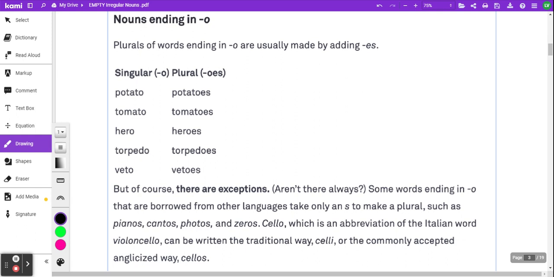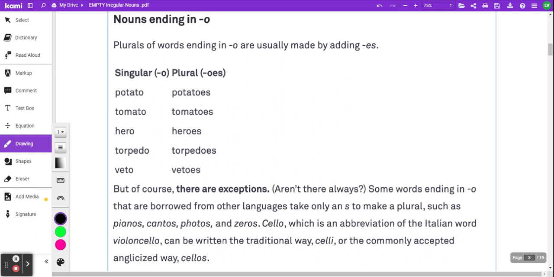Si lo que tira un avión, eso es una bomba. So, para nosotros, if it comes from an airplane, we call it a missile. If it comes from a submarine, it's a torpedo. So, para nosotros cambia dependiendo de dónde está saliendo. Where is it coming from? So, torpedo is the submarine.